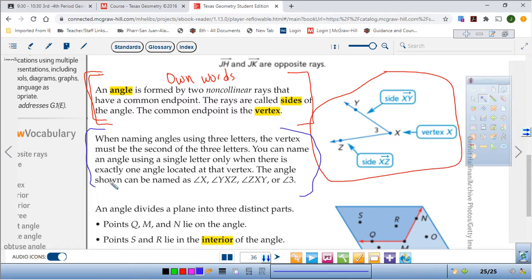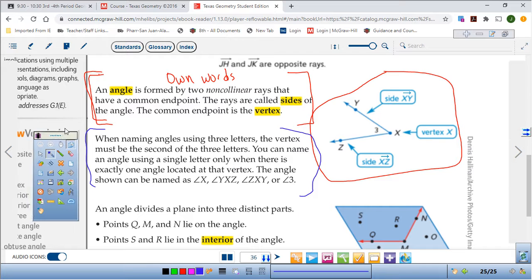The angle here can be named as angle X, angle YXZ, and angle ZXY. Or, since there's a number 3 on the inside, you can say angle 3. Make sure you put the word angle in front of it.